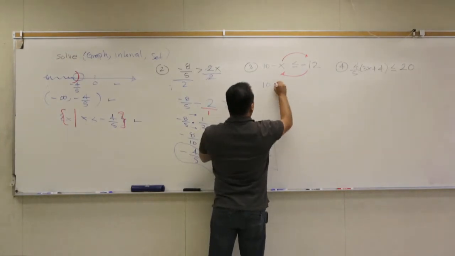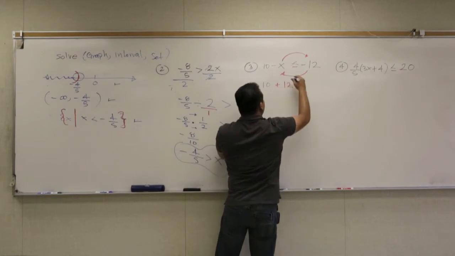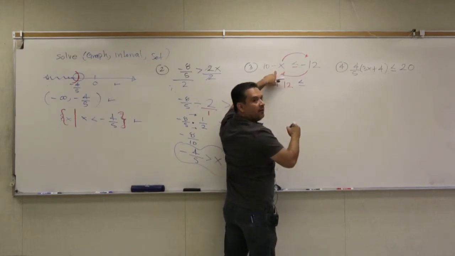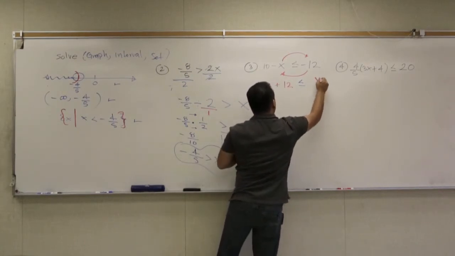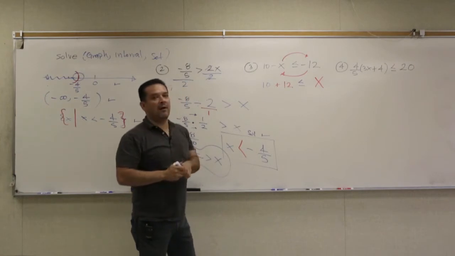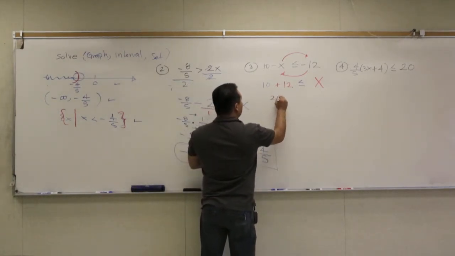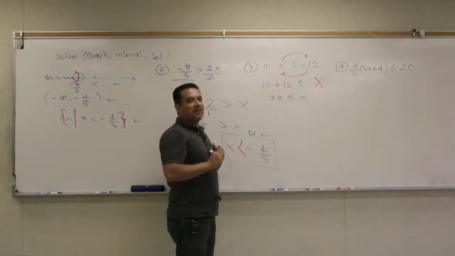It's positive. Good. It's now positive 12 on the other side, right? I still have less than or equal. What do you guys know about that x that's on the left? It was negative. What's it on the right? Good. What's 10 plus 12? So we have 22 less than or equal to x. Do you guys notice? I took this stuff from your homework.